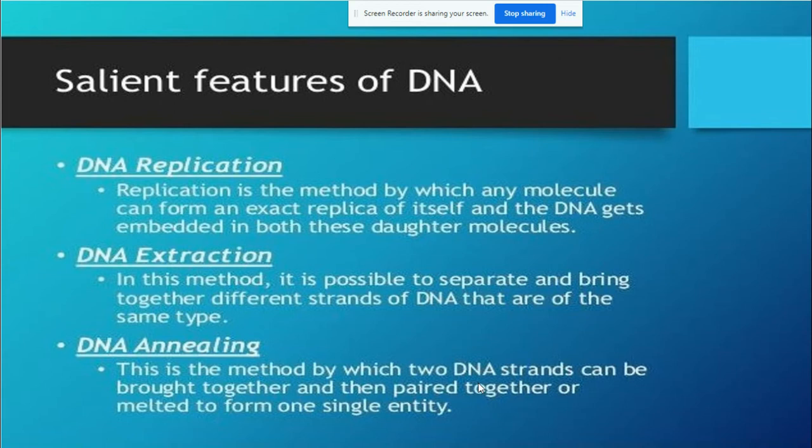Then DNA annealing is a method by which two DNA strands can be brought together. We bring two DNA strands and pair them together into a melted form of one single entity. So these are the salient features of a DNA.